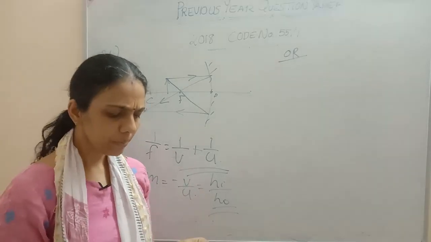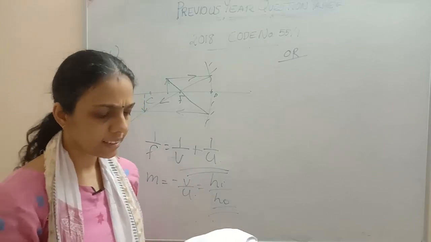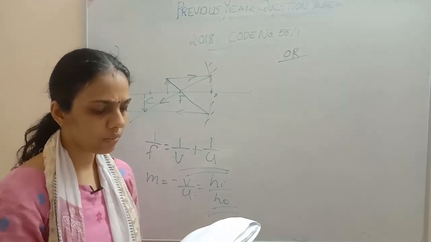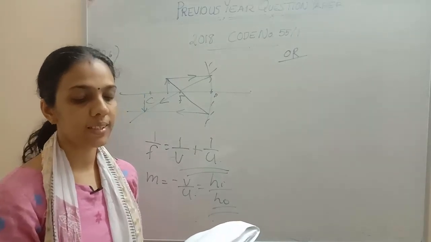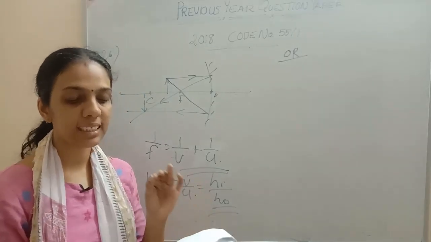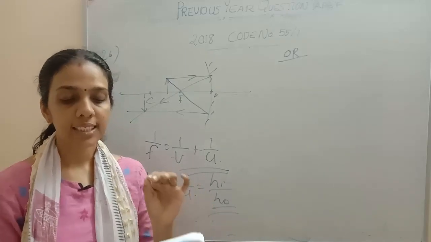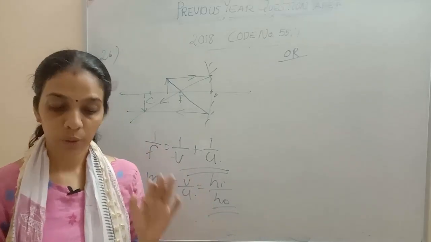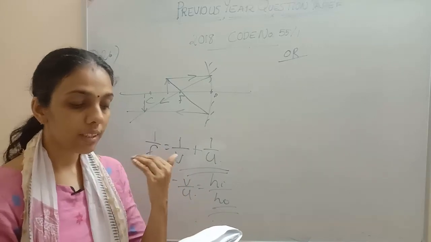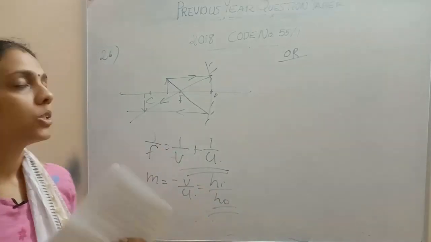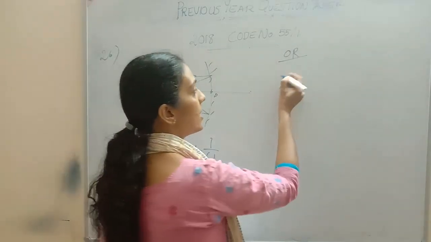Okay. And in a single slit diffraction experiment, the width of the slit is made double the original width. How does this affect the size and intensity of the central diffraction band? Okay, so first, the width of the slit is doubled.